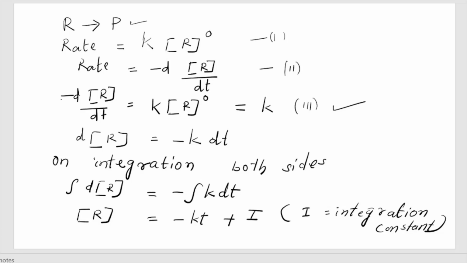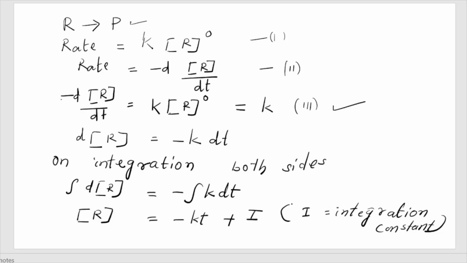If you take integration on both sides, what happened? Then integration sign you are putting here, here also integration sign you are putting, then what is the value? [R] equal to minus kt plus I. Then I is the integration constant.